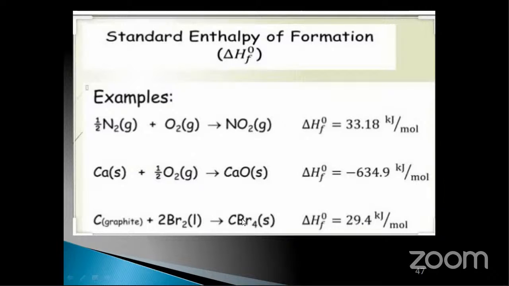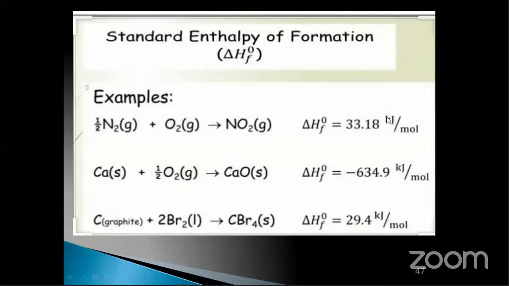Then when CBr4, carbon tetrabromide, is formed in its standard state, that is the solid state, graphite means carbon solid reacts with bromine liquid to form CBr4 solid, and the enthalpy of formation is 29.4 kilojoules per mole.